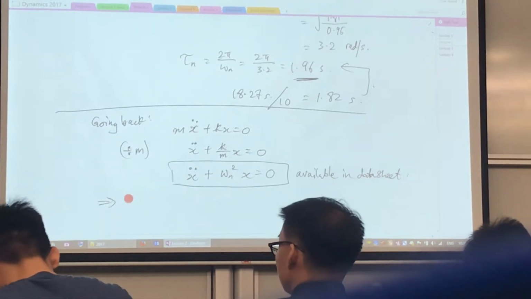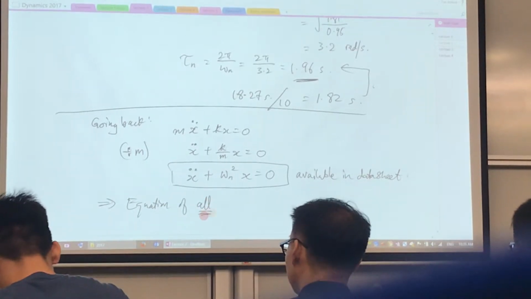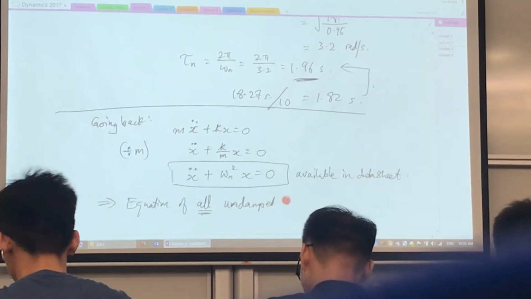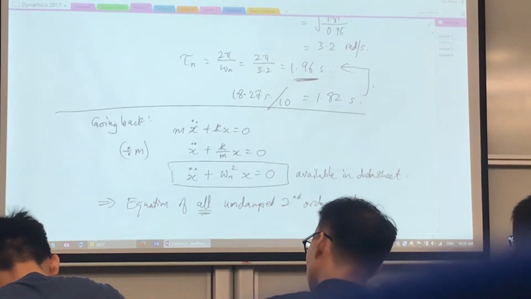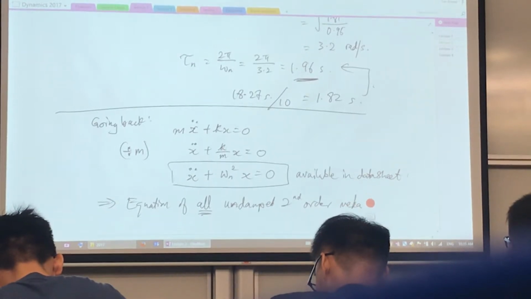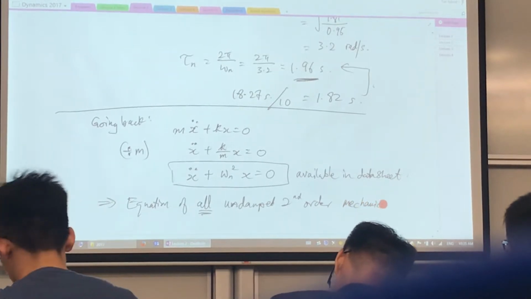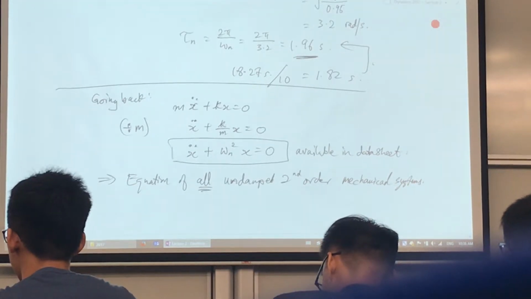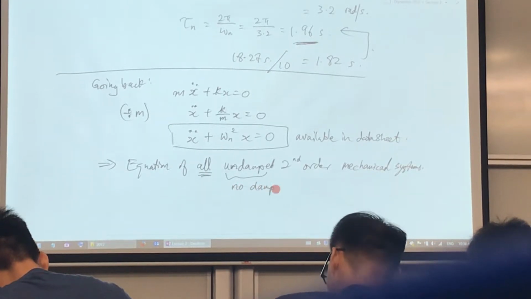So this expression now is going to say that this is the equation of all undamped second order mechanical systems. Undamped here means no damping.